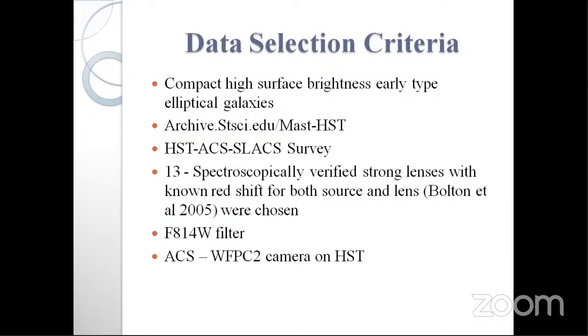For these 13 lenses, the FITS files were uploaded, and it was made sure that the filter used is F814W, and the camera is ACS WFC2 on HST. So these are the selection criteria for the data used in the project.